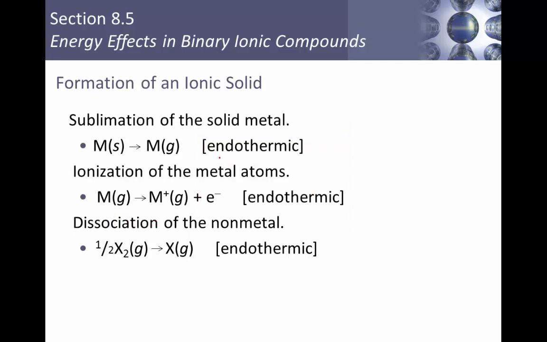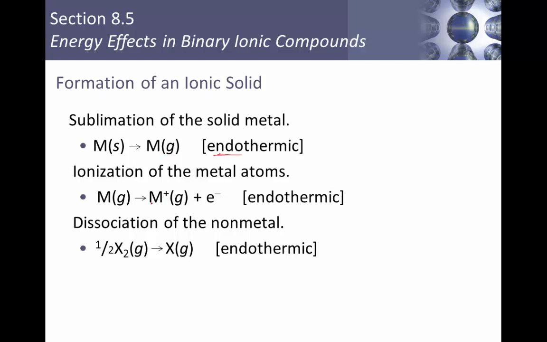So we'll start out, and we're going to use the letter M to represent our metal, and we'll use the letter X to represent our non-metal. All right, so the first steps are we have to get our ions. So metals are generally solids, and so in order to get it into the gaseous phase, we have to put energy into it, so that we can go from solid to gas, sublimation.